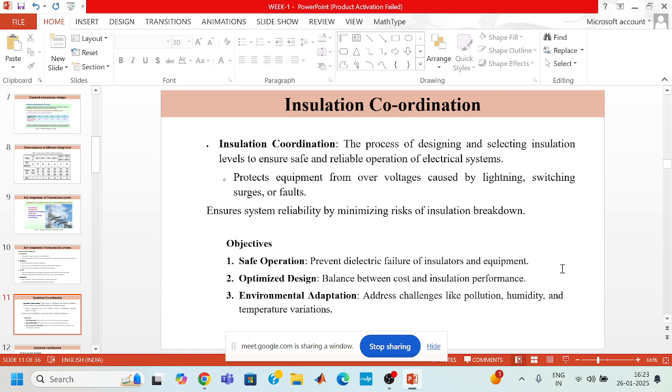Its main objective is to provide safe operation, that means it prevents dielectric failure of insulators and equipment. It gives a balance between cost and insulation performance, and for environmental adaptation it also addresses challenges like pollution, humidity, and temperature variations. So insulation coordination is the process of designing and selecting insulation levels for reliable operation.